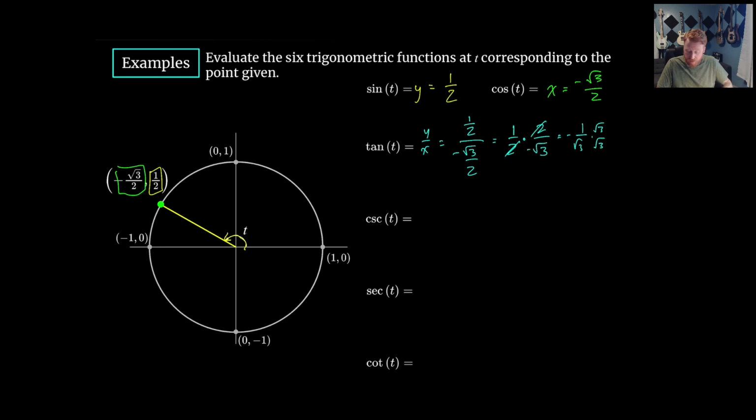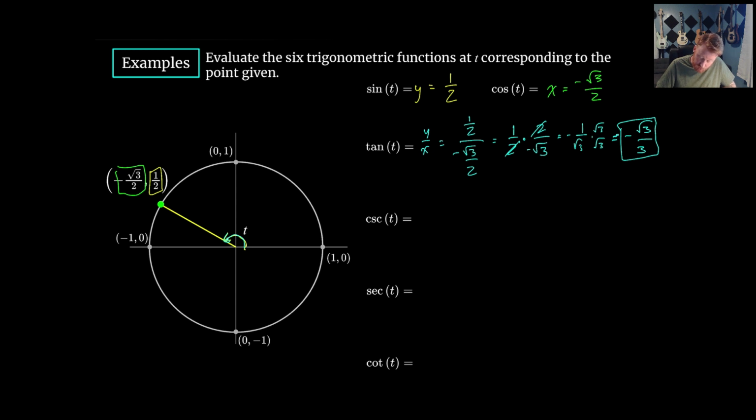Nothing wrong with negative 1 over square root of 3, but it is nice to rationalize the denominator here, and we will get that this is negative square root of 3 over 3. So there we go. There is the tangent at this angle t, or this distance t out here, which we weren't given. We could say what it is, but that's okay.